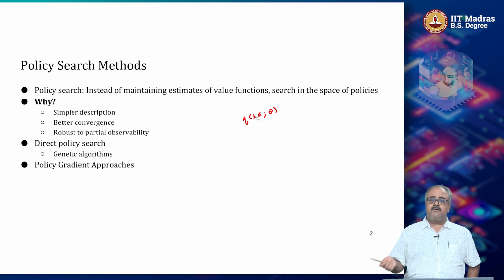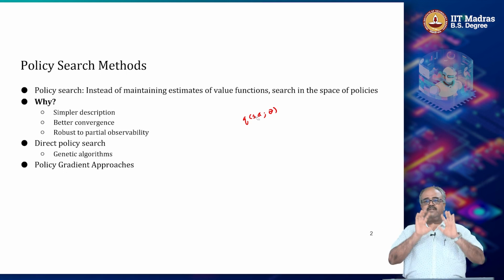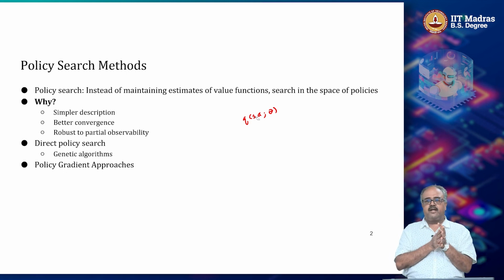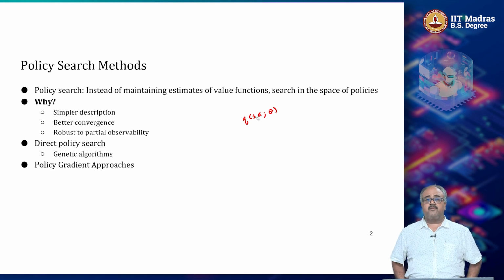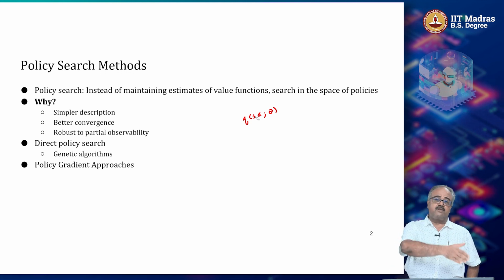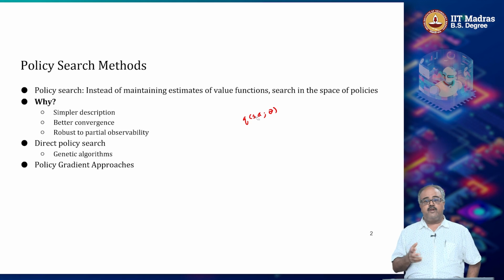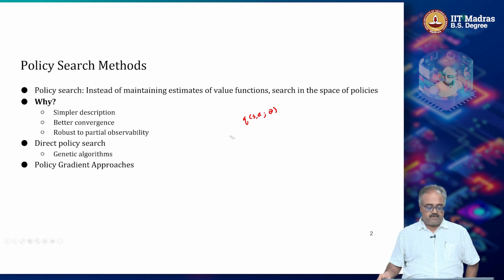While in the case of tabular setup, it was all fine, right. So, in tabular case, we know that for sure it will converge, but as you also know, tabular cases really cannot generalize to real, large problems, right. So, we have to go for some kind of a function approximation based approach, and when you get into this function approximation space, we know that these things do not work that well, right. The convergence is a little bit of a problem.